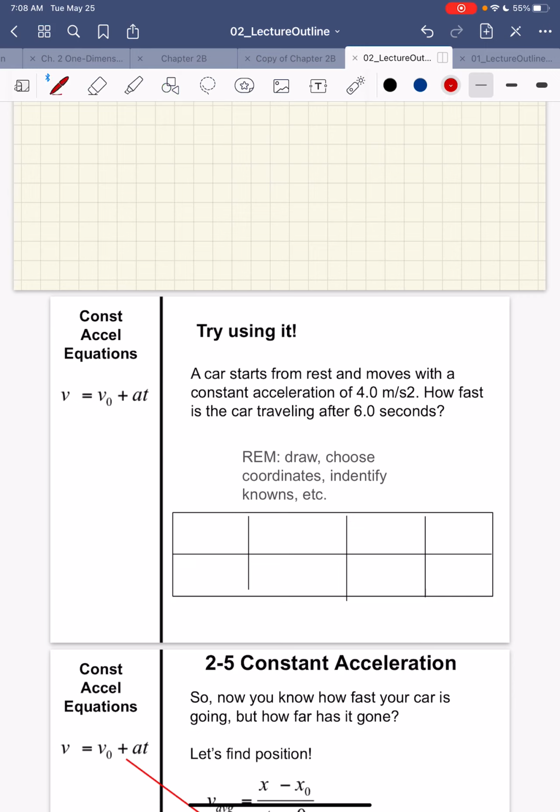When it says starts from rest, this means that my initial velocity is 0. There are some of the key words. And it moves with a constant acceleration of 4. How fast is the car traveling after 6 seconds? Then this is the time, and that is 6, and they are asking for meters per second.